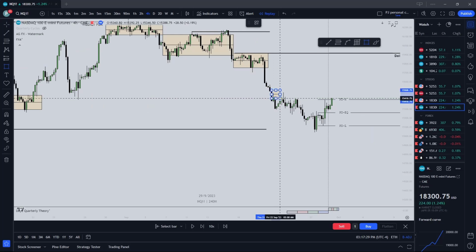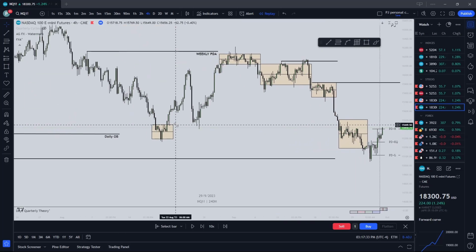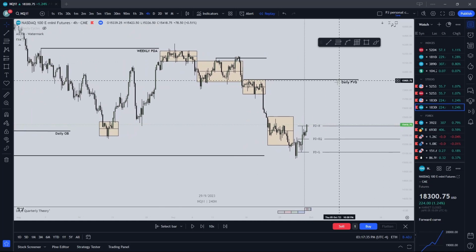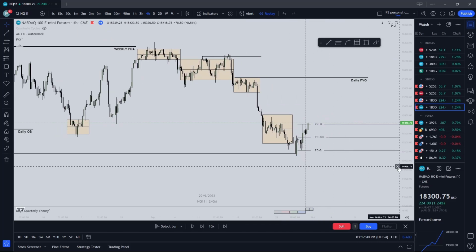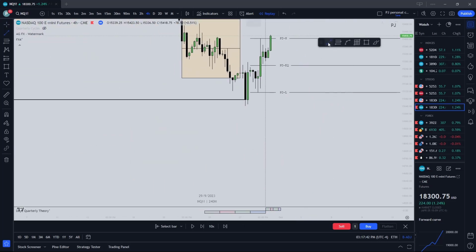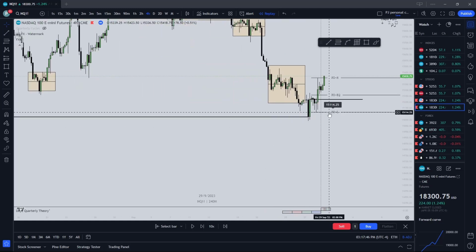and we see we formed an accumulation leg here. We swept into the lows and instantly reacted bullish, creating an order block and a rejection block candle.